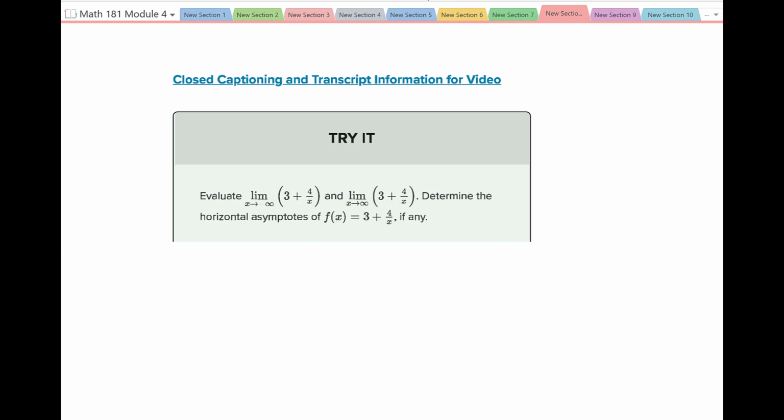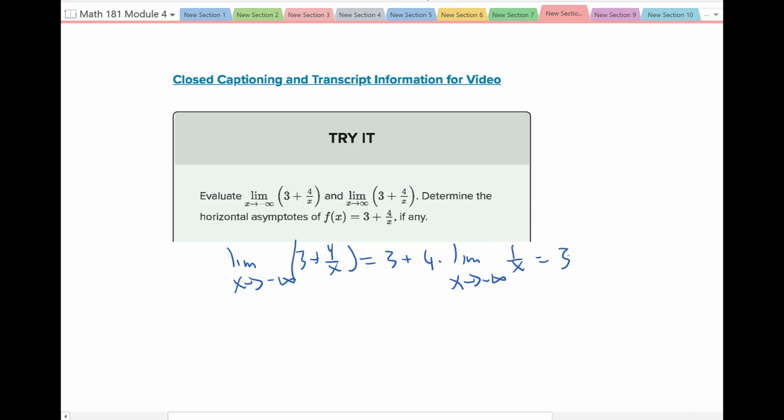So we would look at the limit as x approaches negative infinity of 3 plus 4 over x, which is 3 plus 4 times the limit as x approaches negative infinity of 1 over x, which is 3 plus 4 times 0, which is 3.